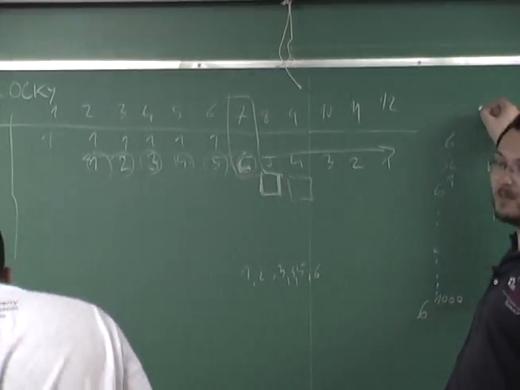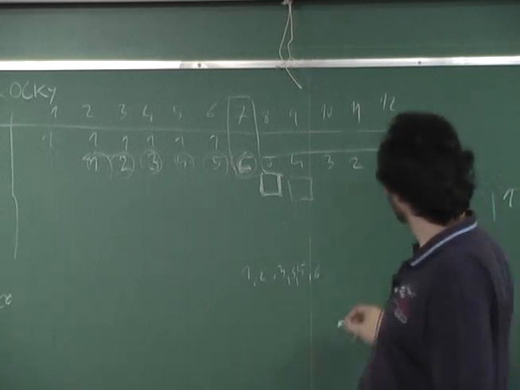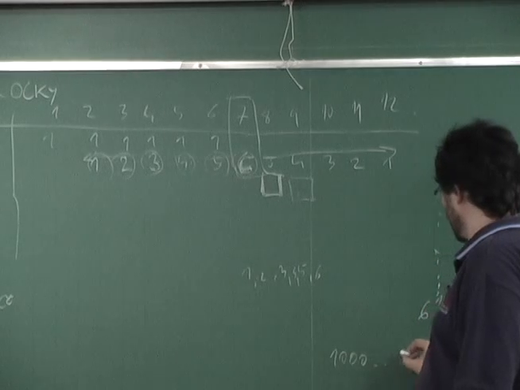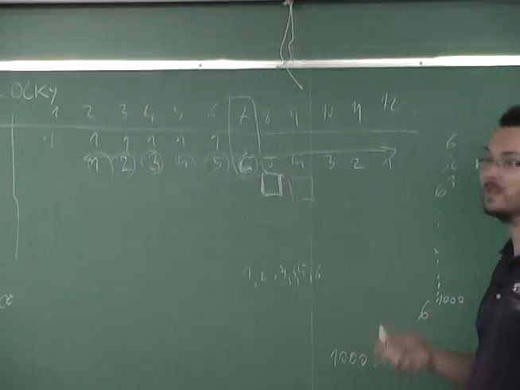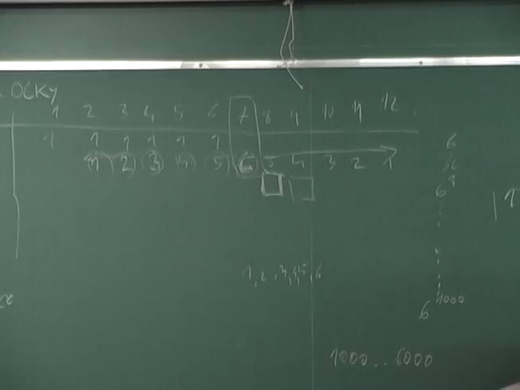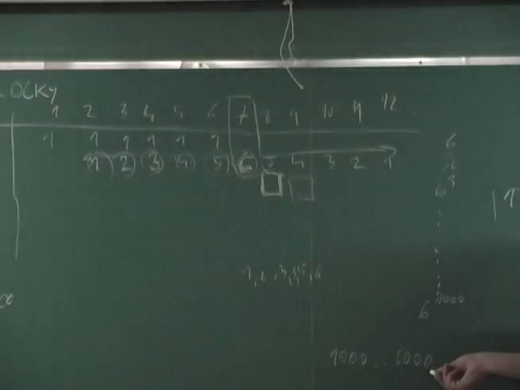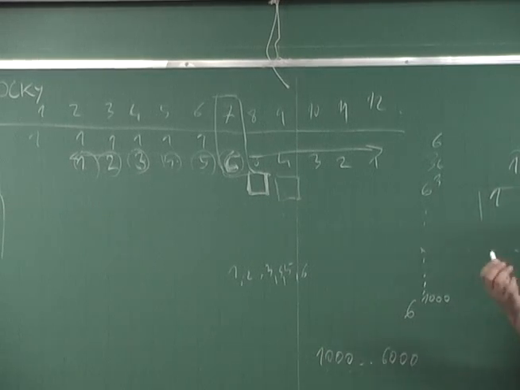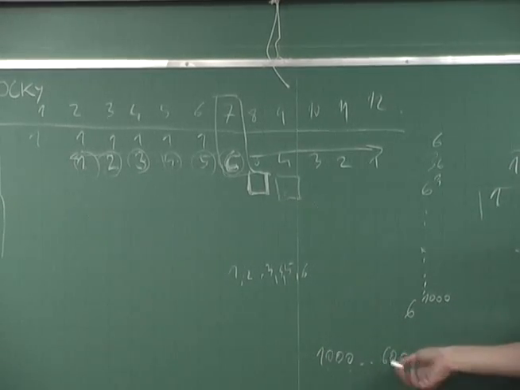But the range of these numbers is only 1,000 to 6,000. With 1,000 dice, you cannot get a result different than somewhere in this range. The smallest result you can get is 1,000 exactly. The largest result you can get is 6,000 exactly.